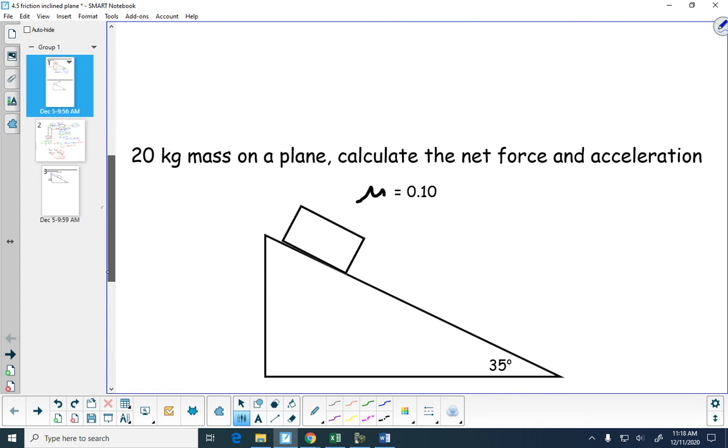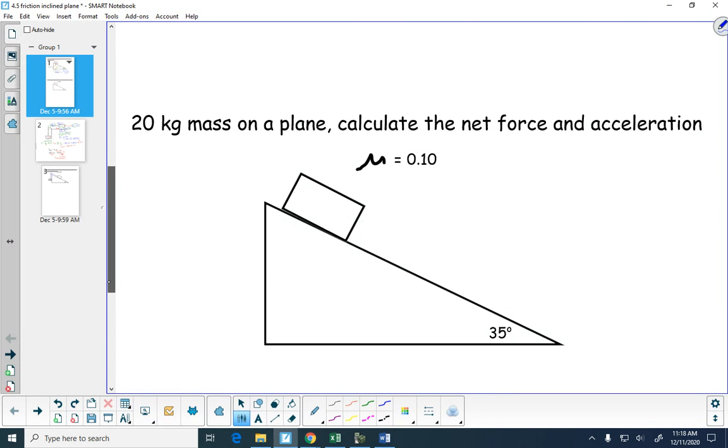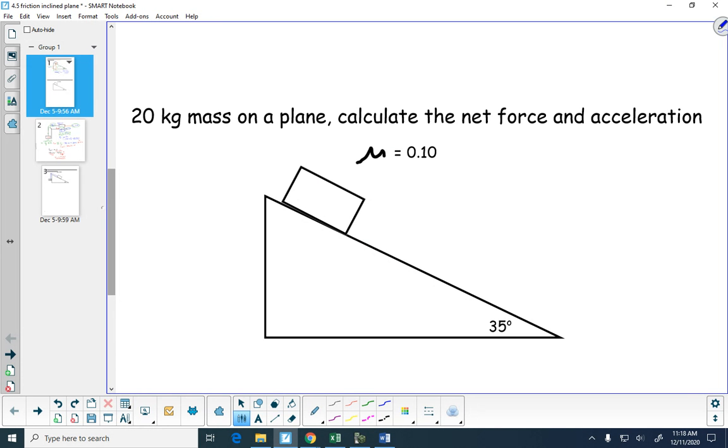We now have friction. We have the exact same thing. We have 20 kilograms, a 35-degree angle here, and now mu is equal to 0.10.